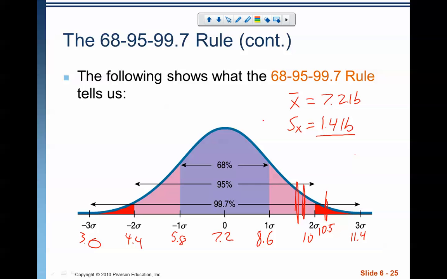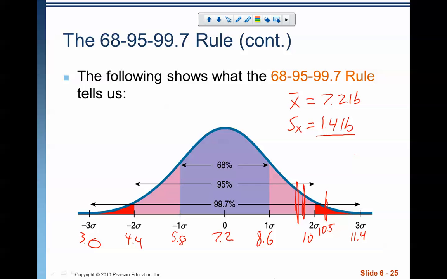All right. So anyway, based on looking at this kind of graph, we can say a lot about the percents, right? I can say that the middle 68% of babies born are between 5.8 and 8.6 pounds, right? Because that's 1 standard deviation below and above the mean.